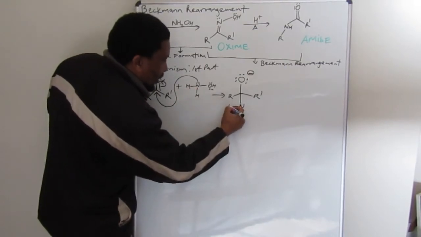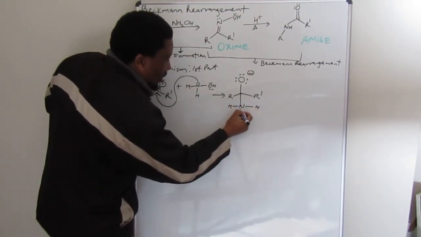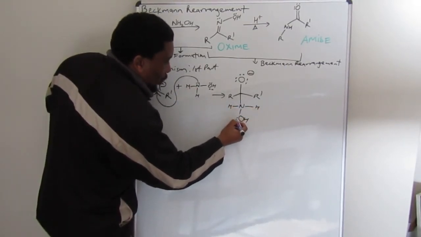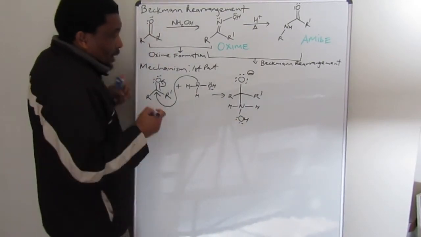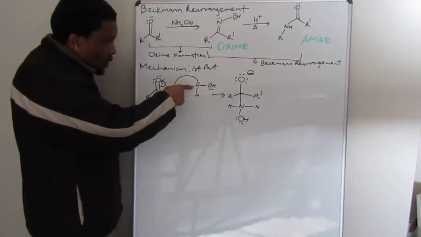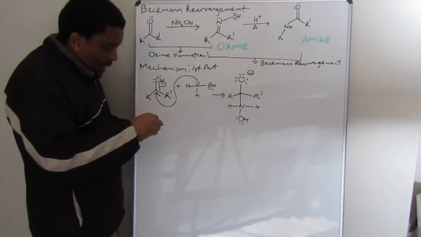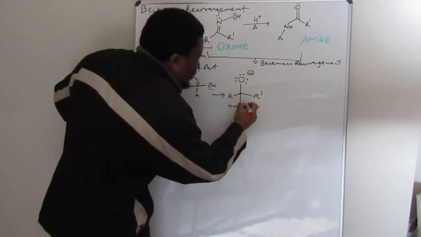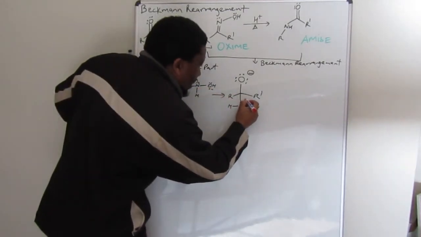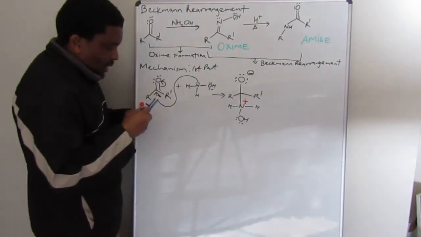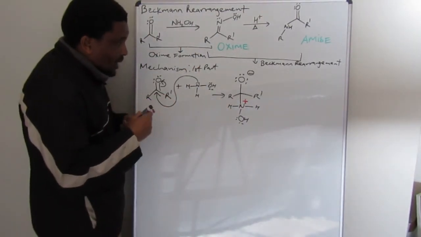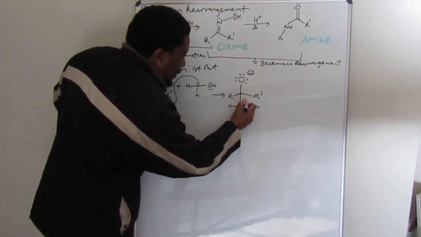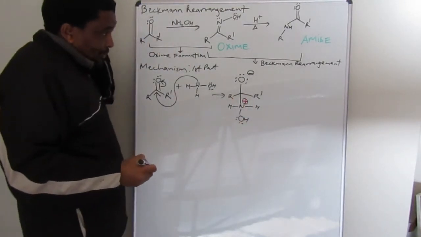Nitrogen comes in with two hydrogens and an OH group. Nitrogen was neutral in charge, and therefore it is going to become positive in charge here. There's our oxygen, nitrogen.